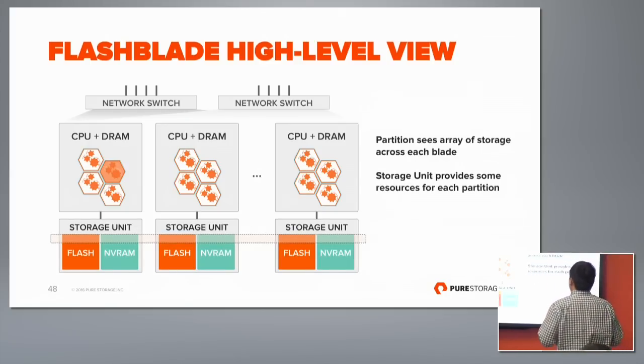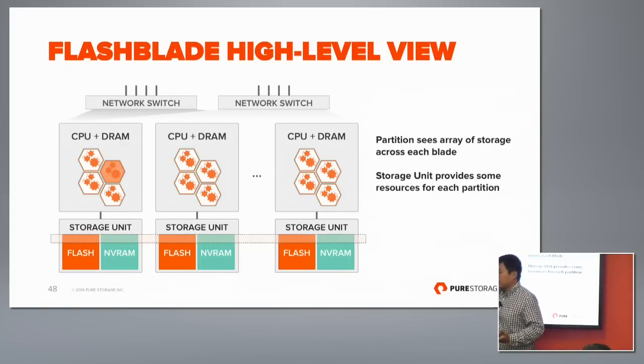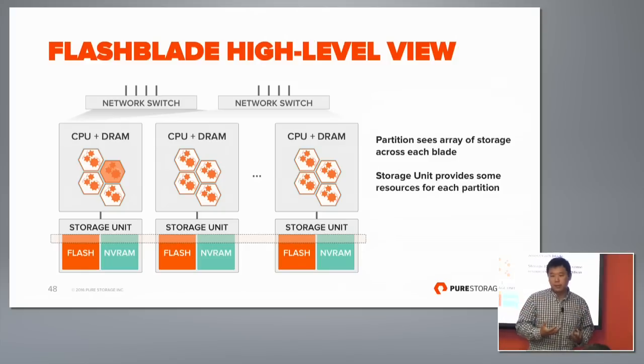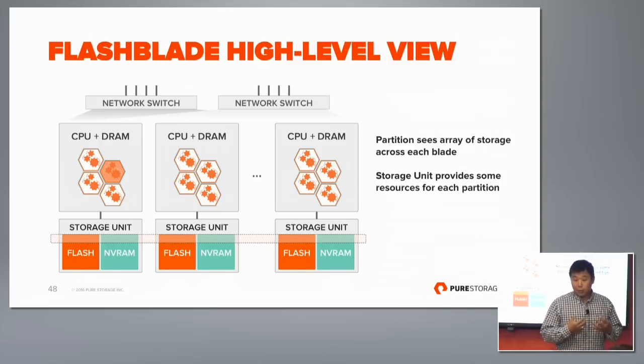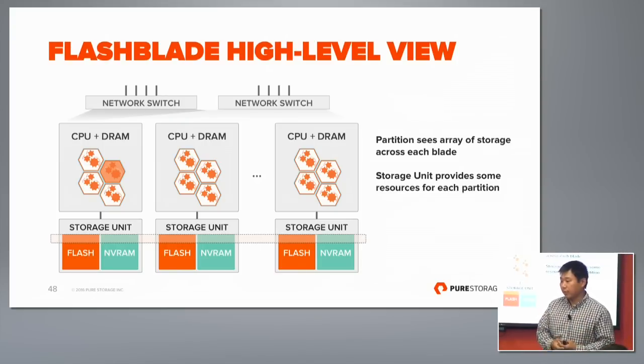So, how is it that we can actually pick up these partitions and move them without moving data? I think one of the insights that we had early on was that what we really want to do is create a view of the world within each of these partitions, right? Going back to the mental analogy that each of these partitions is essentially a slice of the controller, we want each of these partitions to see the storage layer very similar to how a controller in a more standard storage array architecture would see the world, which is essentially an array of drives, an array of storage resources.